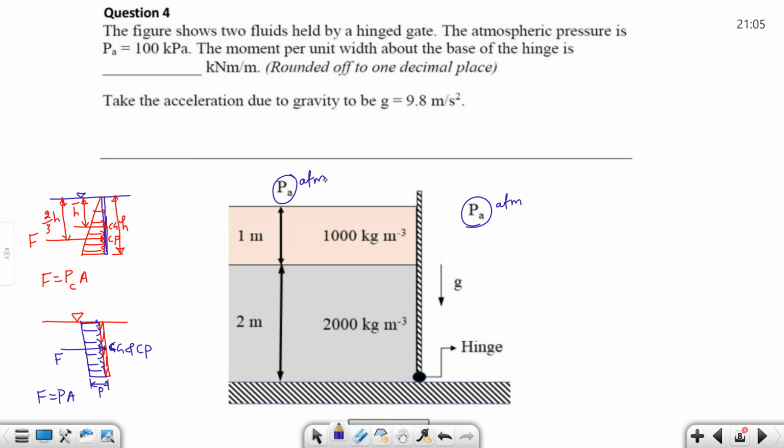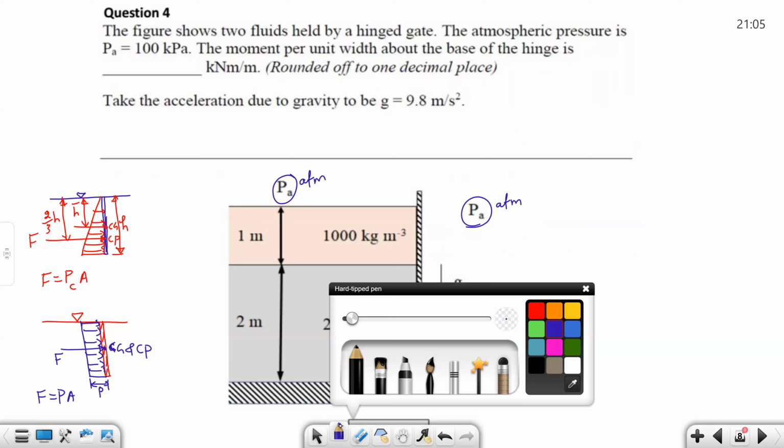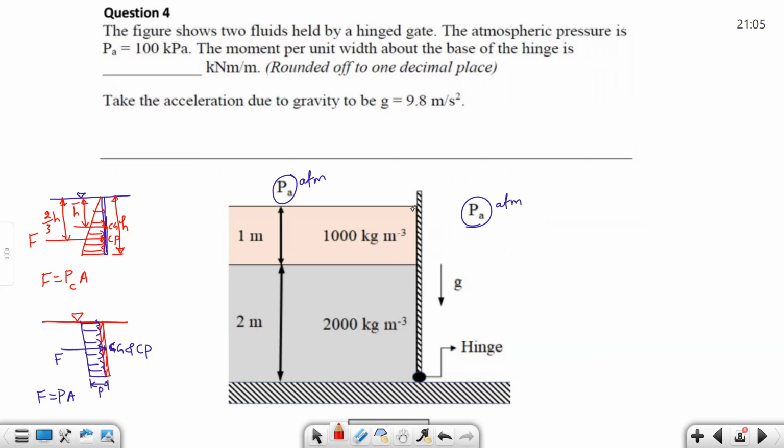Now the pressure distribution due to the top layer comes something this way. So this is the pressure distribution due to the top layer. After that, the pressure in the second layer of the fluid, of 1000 kg per meter cube, is uniform.